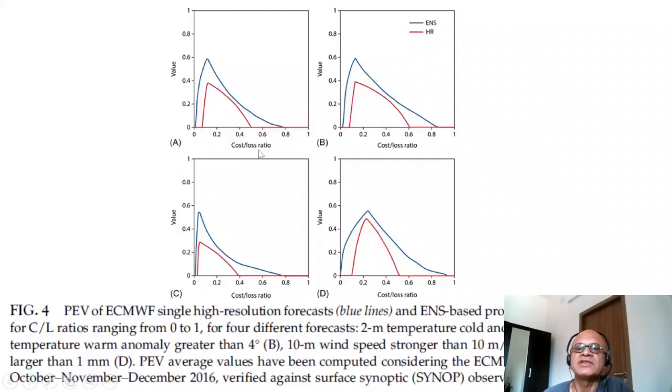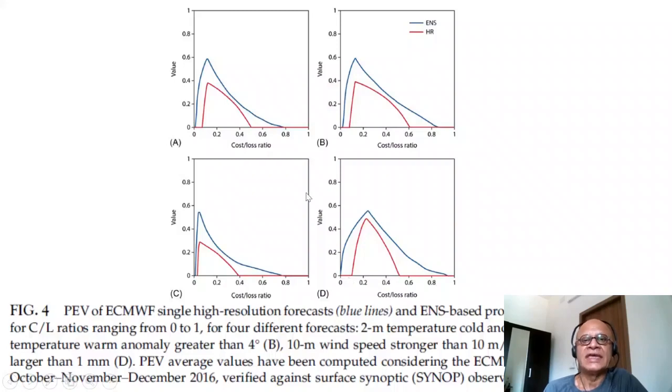Okay, so this basically shows you that, I think it's reversed here, blue lines are the ensemble and the single high resolution forecast is the red line. So the main message is that the potential economic value and the cost to loss ratio is better for the ensemble forecast system for all of them: for the 2 meter temperature anomaly of lower than 4 degrees centigrade, higher than 4 degrees centigrade, 10 meter wind being stronger than 10 meters per second, total precipitation being larger than 1 millimeter.